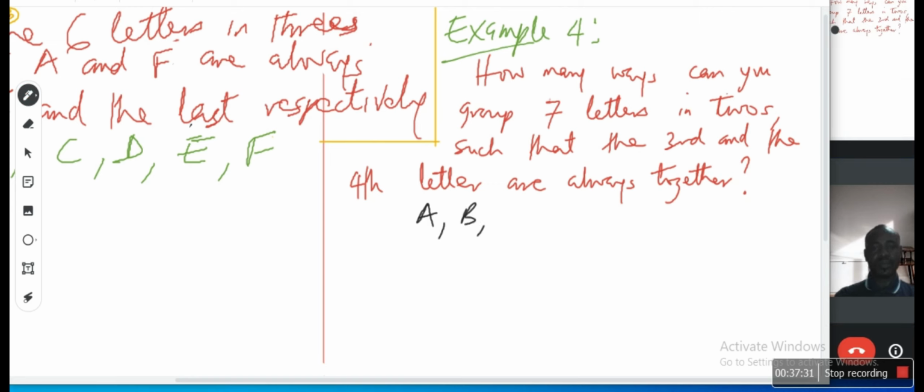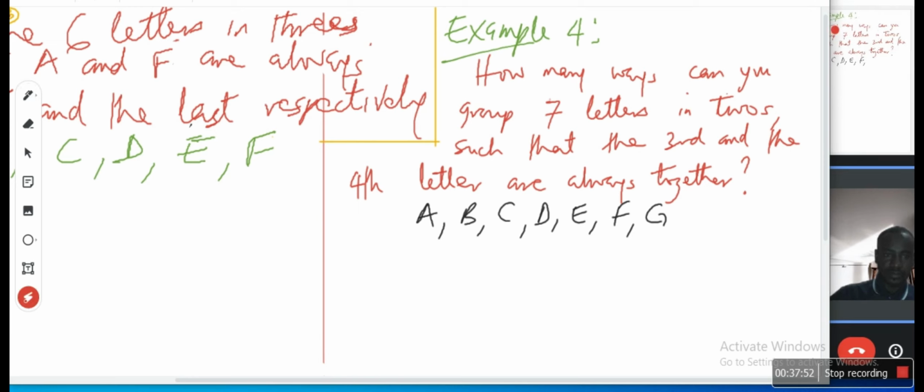A, B, C, D, E, F, G. 1, 2, 3, 4, 5, 6, 7. The third and the fourth letter are always together. So that's the 7 letters.